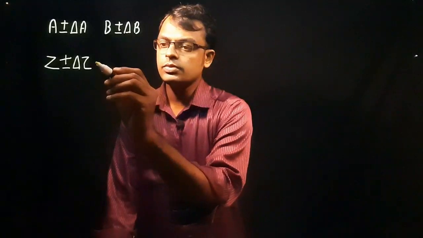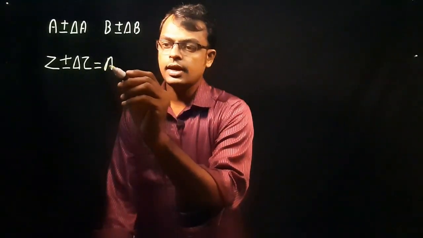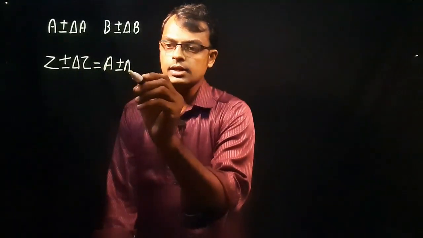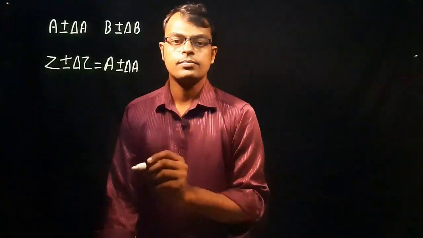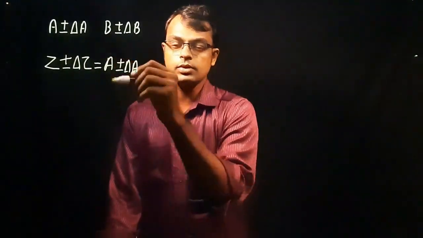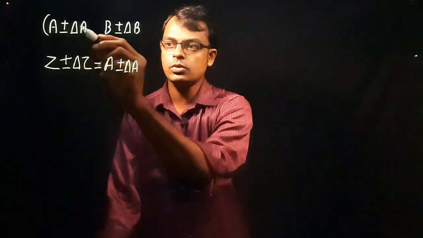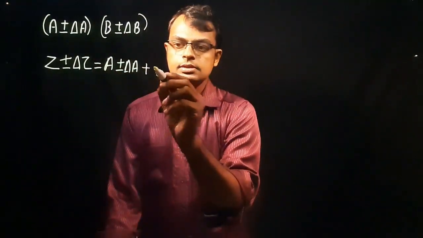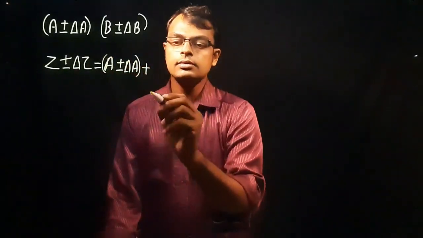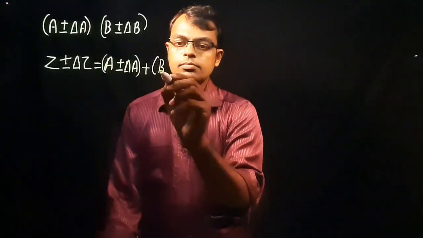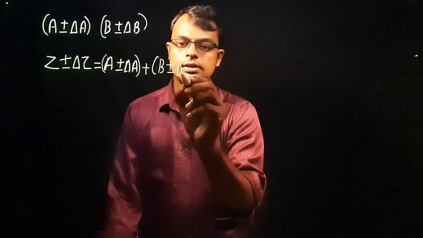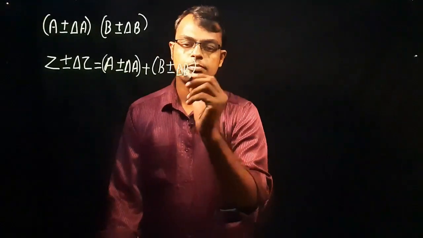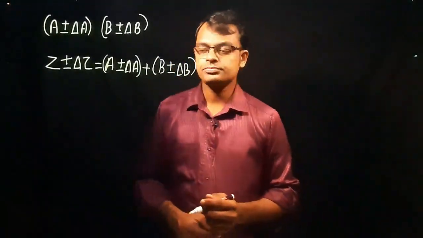So we can write this equation as A plus or minus delta A. Then what is the next one? We are going to add these two, so I'm writing here plus, in the bracket, B plus or minus delta B.